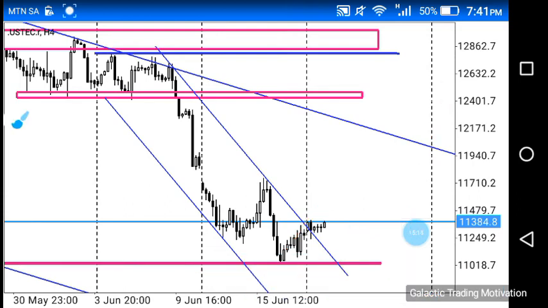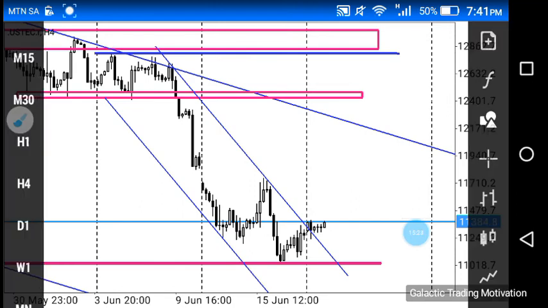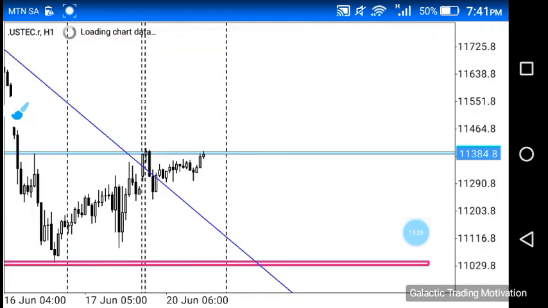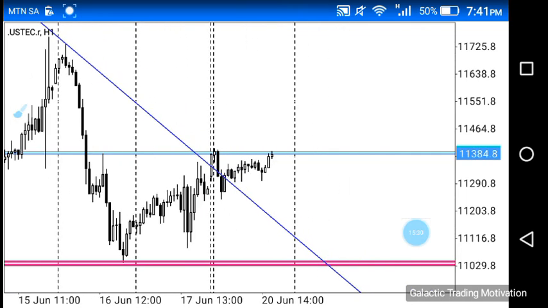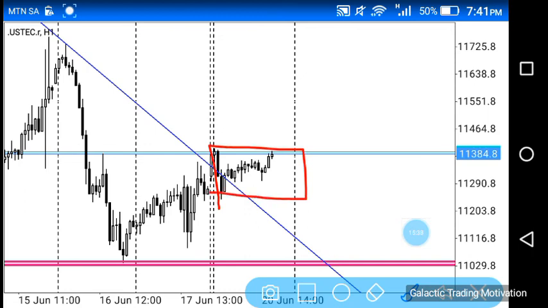And also, I don't see really anything further here, so I'm just going to head down to the H1 chart. Just bear with me, guys. So here we are on the H1 chart. Today is a holiday in the US, and we can see that the market has been moving sideways.